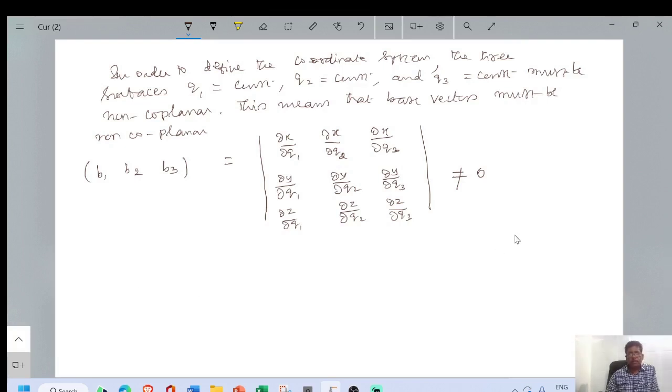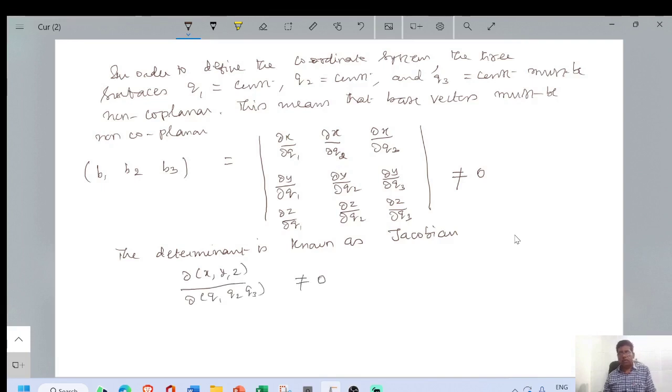This determinant is known as the Jacobian determinant, and the simple form is ∂(x,y,z)/∂(q1,q2,q3) not equal to 0.